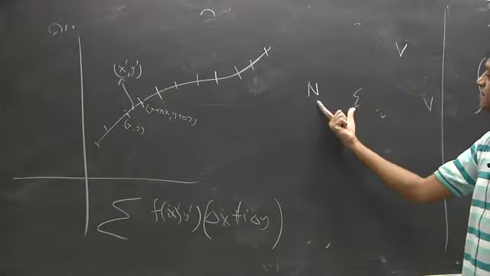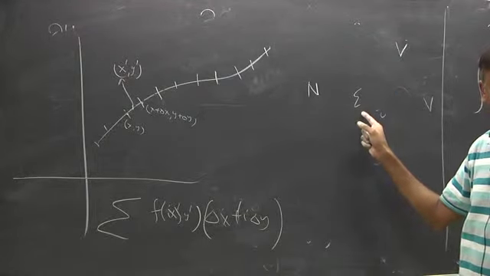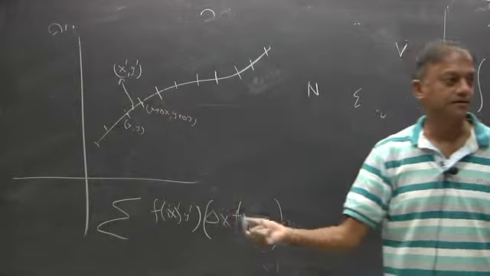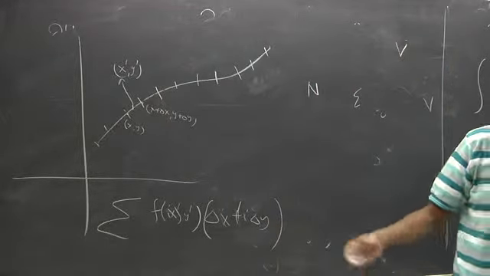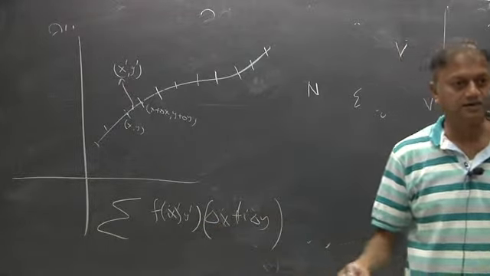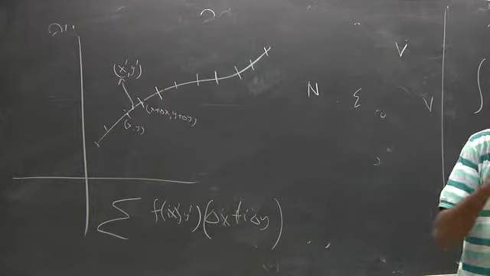You take the N to infinity limit, which is the same as taking epsilon to 0, so the spacings become smaller and smaller. If the limit of this sum exists, then you say that the function can be integrated along that curve.